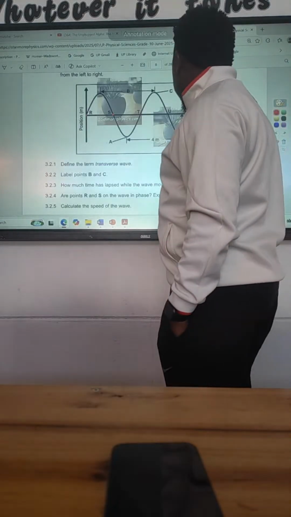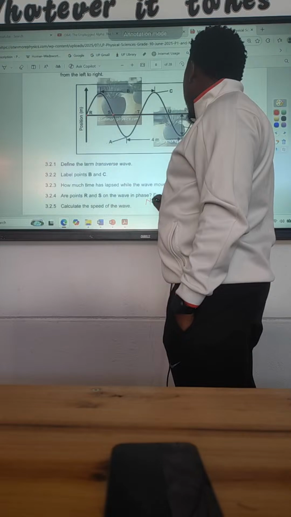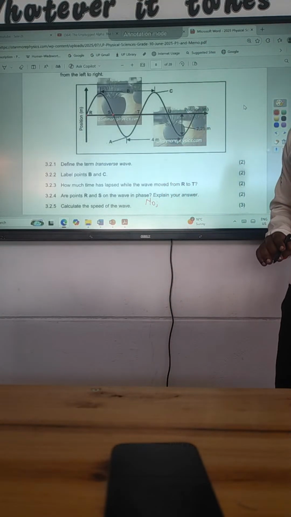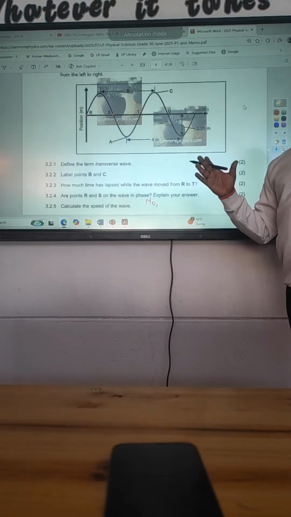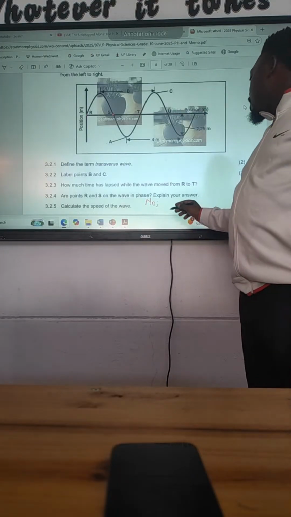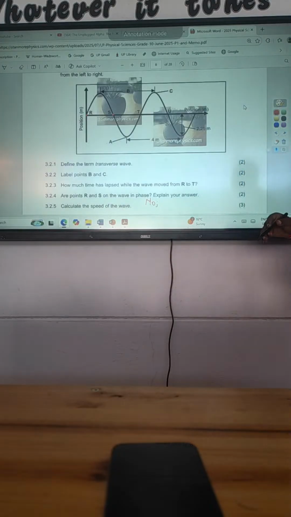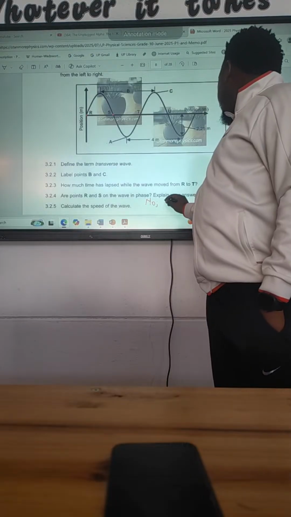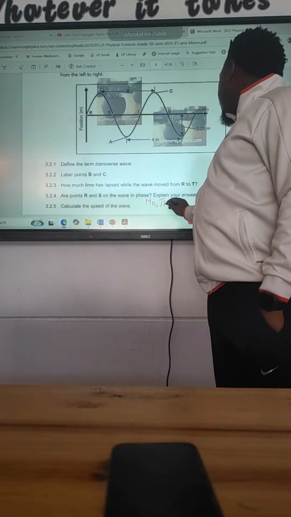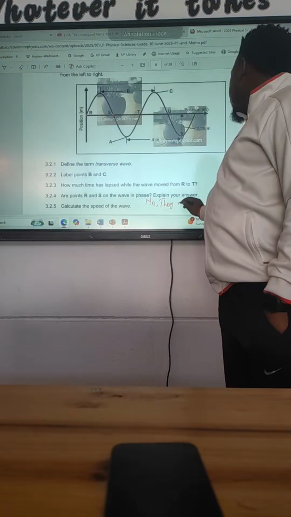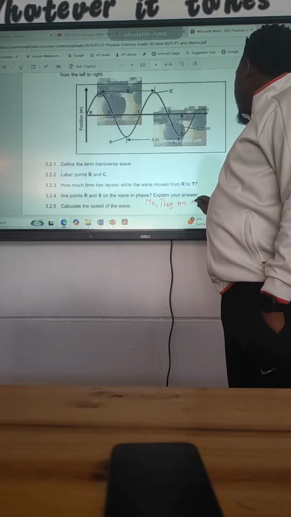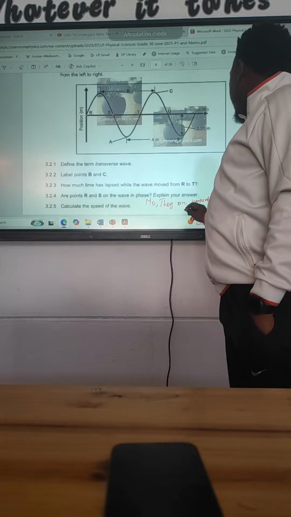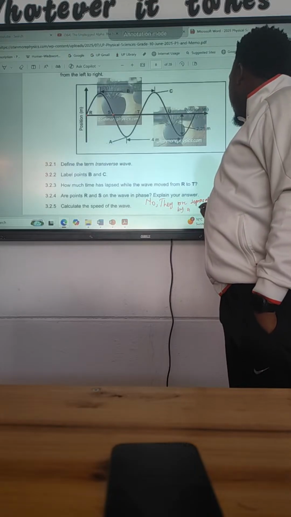So you are saying the answer would be no. You can also write they are not between two points that are in phase, or they are not separated by a wavelength.